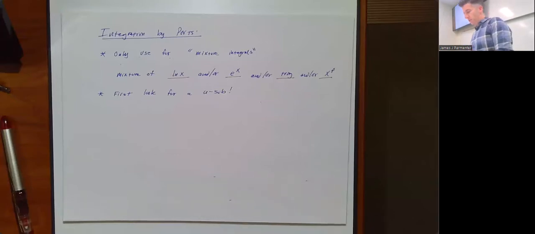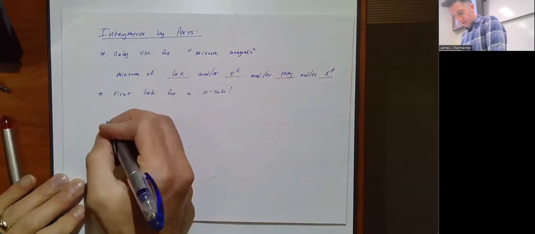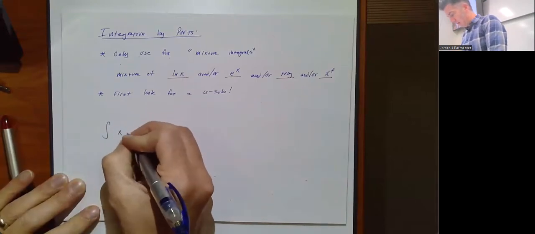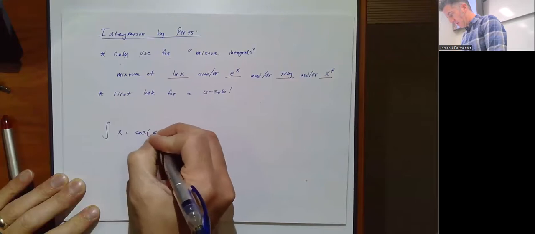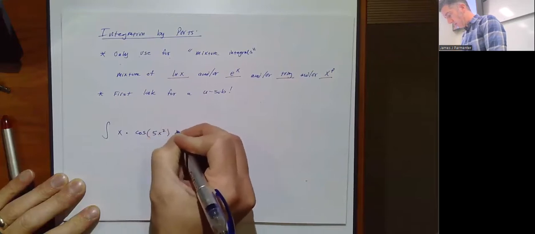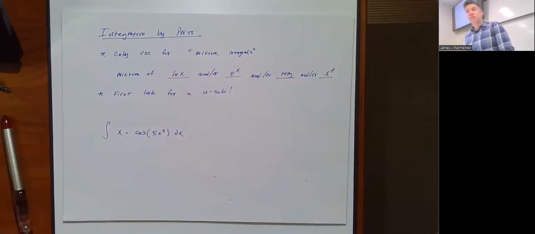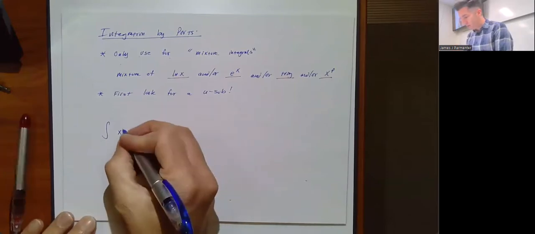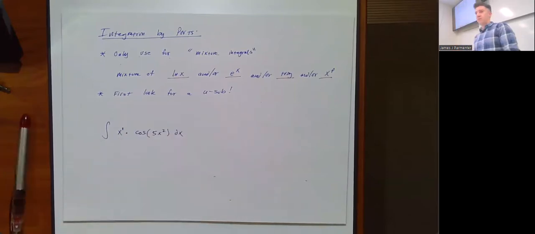For example, you could be asked to do the integral of x times cosine of 5x squared. It's a mixture: x to the first power times cosine of 5x squared. I have to ask myself what to do. I'll think about a U sub first. Is there a good U sub here?